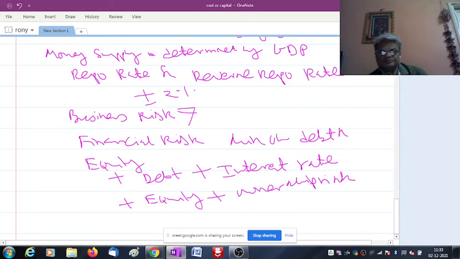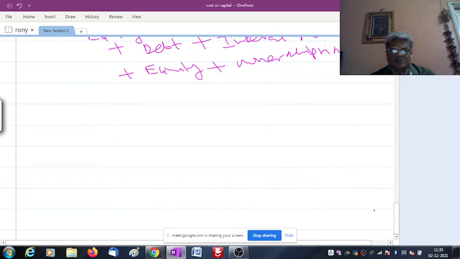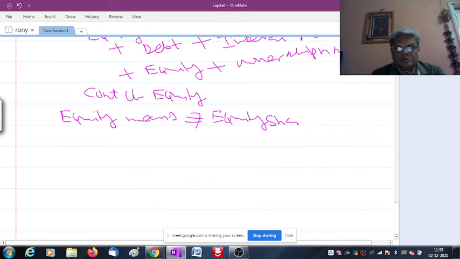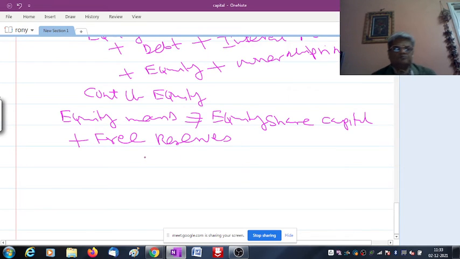So basically I have covered the cost of capital. Now today I will cover cost of equity. Equity means equity share capital plus free reserves.